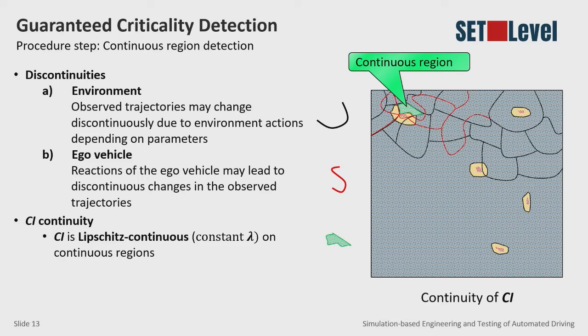Okay, so we got rid of potential discontinuities of our criticality indicator, but there are one or two types of discontinuities we cannot get rid of. These are buried in our test space. They are defined there. Let us return to this right turn example of our ego vehicle. There will be parameter combinations where the ego vehicle passes before the pedestrian is close or enters the road at all.